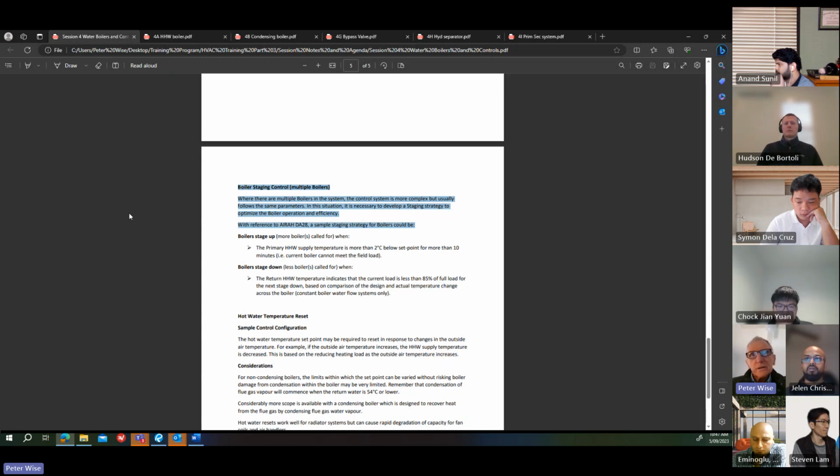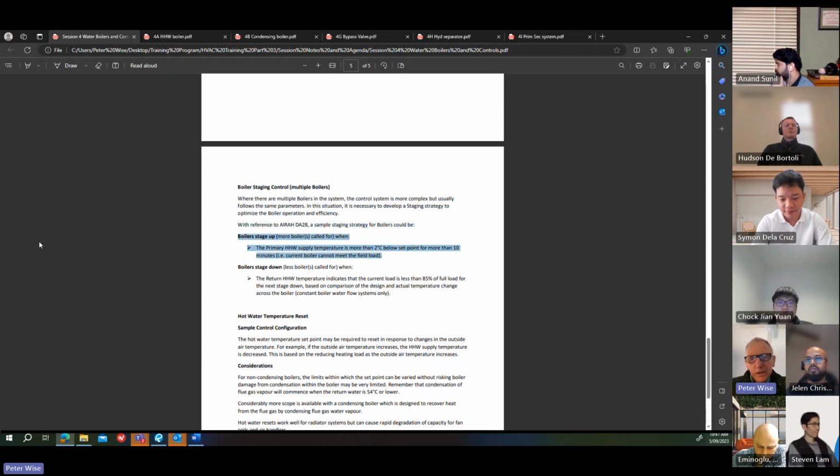When you're looking at chillers, there are other options to get the highest efficiency. So when you have multiple boilers, it's necessary to develop a staging strategy to optimize the boiler operation and efficiency. Again, referring to ERA DA28, the sample strategy could be: boilers staging up, so this is when more boilers are required to meet the load.